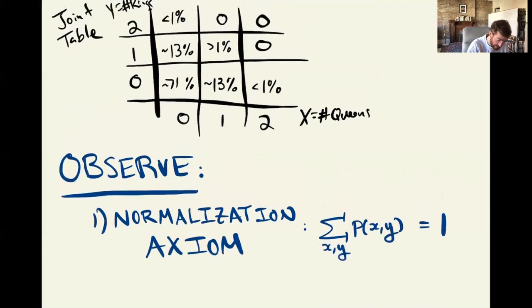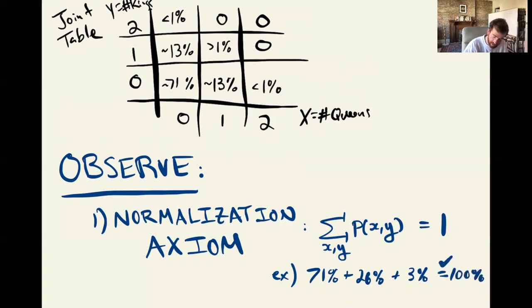And we kind of see that happening here. So here I have 71%, here's our little example, plus 26%. I can do that math, and let's call that roughly 3%. And yeah, so 71 plus 3 gives me 74. Add the 26, that equals 100%. All right, great.